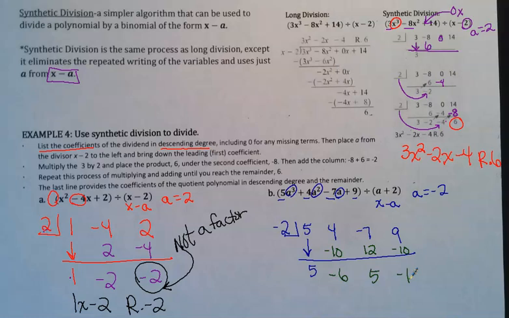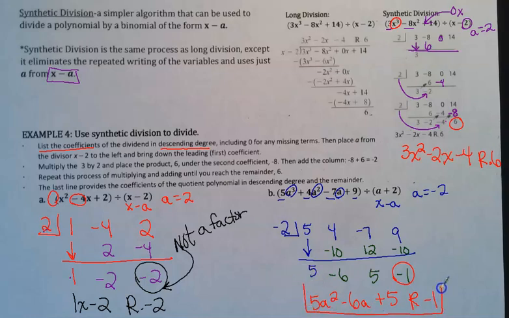And then the next step is always the most important: what do these numbers mean? So we started with a cubed, so this first term is going to be a squared. So we've got 5a squared minus 6a plus 5, and I still have another number after my constant, so that means I have remainder negative 1.